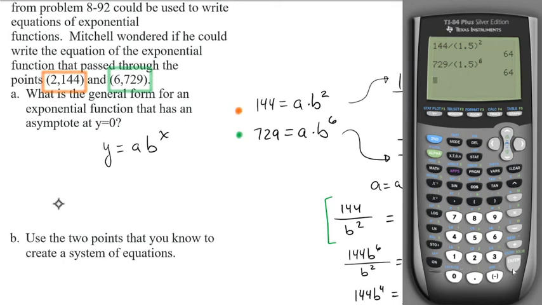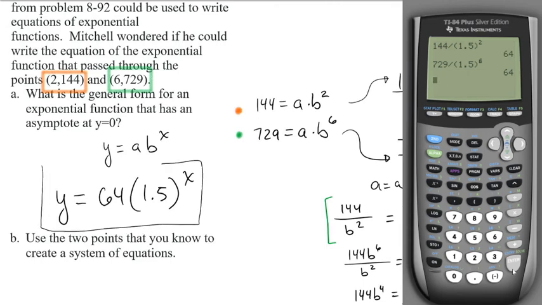It should be y is equal to a, the number 64, times b, 1.5 or 3/2 raised to the x power. Now, as a double check, you might want to go through and see if you put in 2, does it give you 144? And if you put in 6, does it give you 729? But I'm fairly confident that it does.